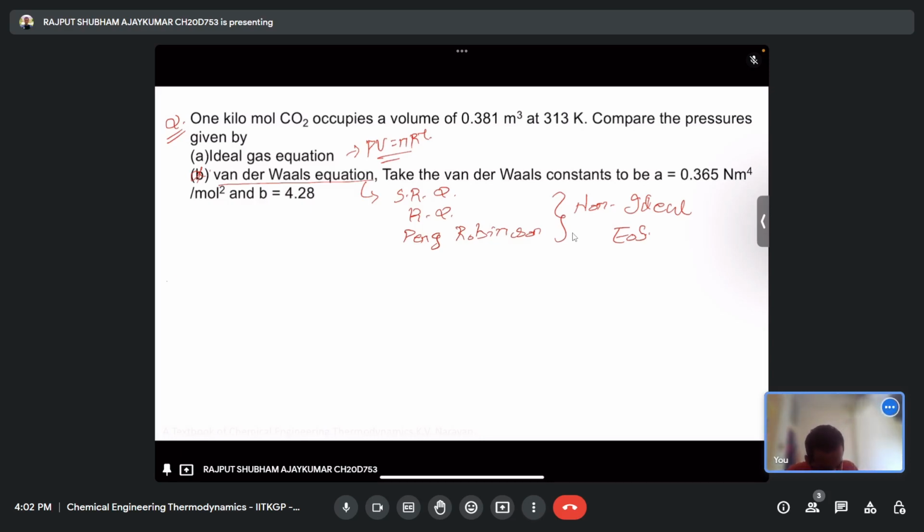So what has been given is the molar volume, and we compare the pressures given by the equations. For an ideal gas equation, I'm trying to solve only the first one.